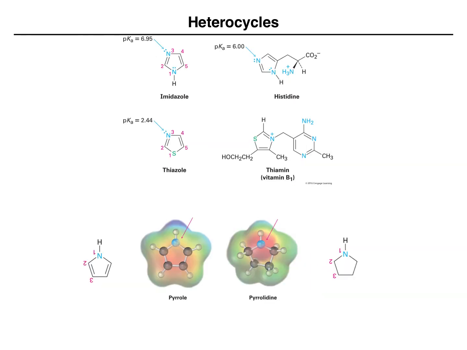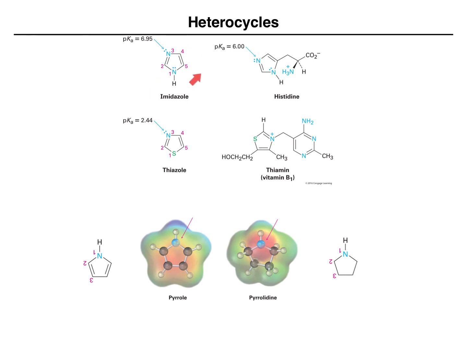If we want to examine the reactivity and the biological importance of different amine heterocycles, it's helpful to think about some of the physical and chemical properties. For example, we can think of the pKa values for the conjugate acid of a number of different amine bases.